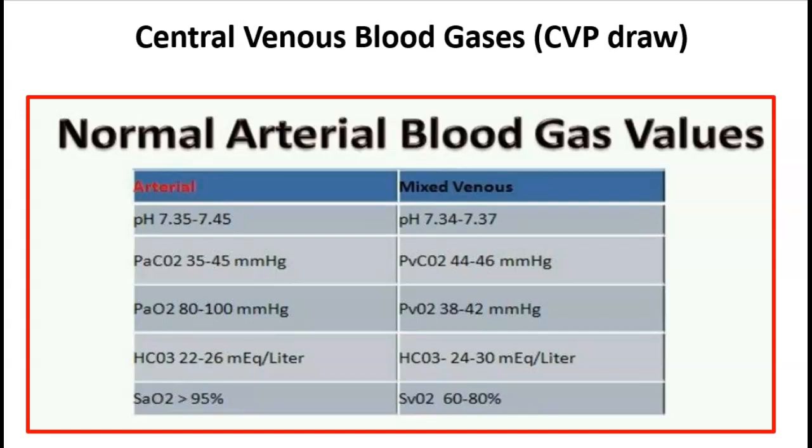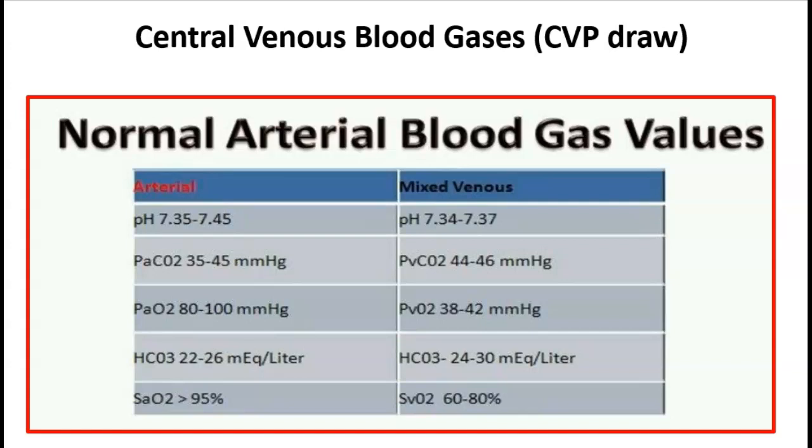But look, we allow for more CO2 and less oxygen for sure. Bicarb, generally the same range, but the venous oxygen 60 to 80%. So we know that that blood is deoxygenated, and that's why these different values. When in doubt, if you don't know whether you've got an arterial or venous blood gas, you should when you draw them, and that's a special skill you'll be taught if you need it.